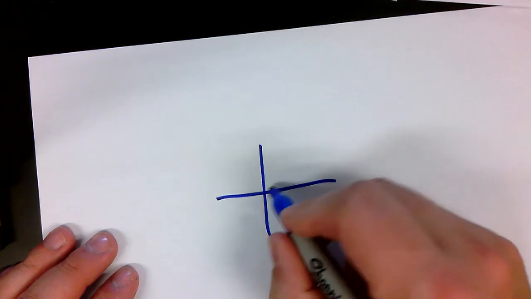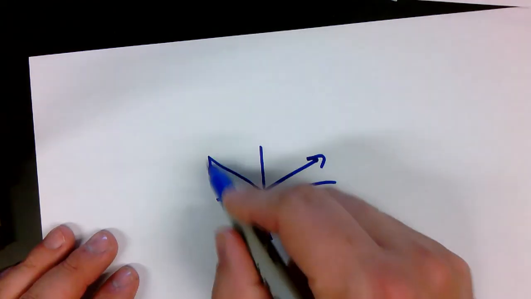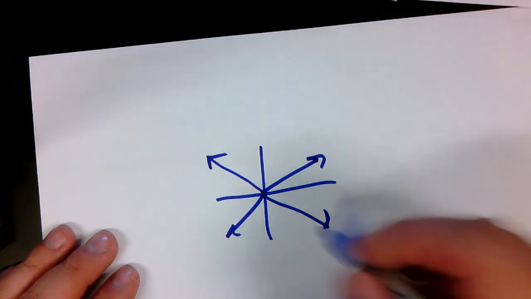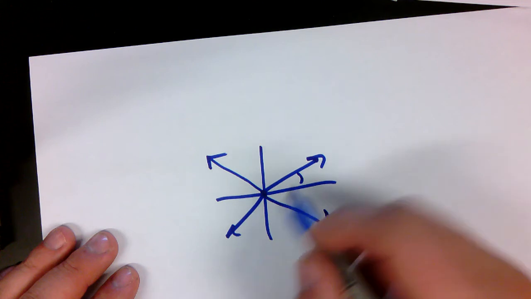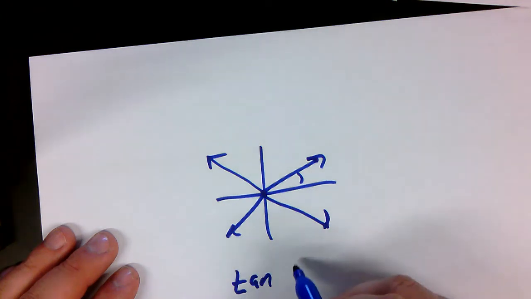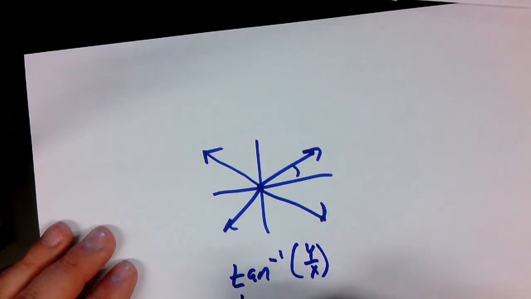One other modification that we need to be aware of is that not every resultant falls in the first quadrant. The resultant we got this time was in the first quadrant, but the resultant could be in the second quadrant or the third quadrant or the fourth quadrant. And so when we take the tangent inverse, it's always y over x, so that would be the tangent inverse of 65 over 156.